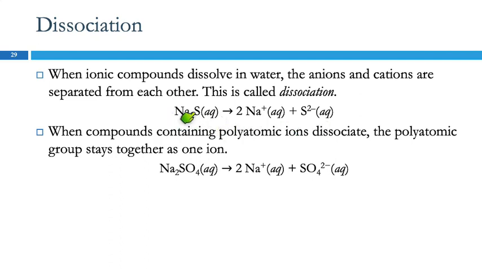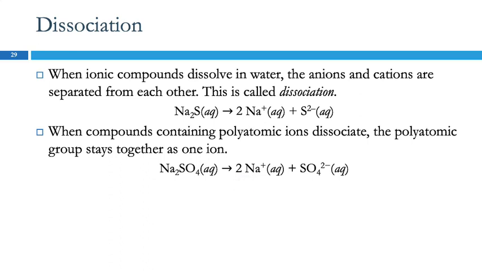This formula had 2 sodiums, Na2, so there are 2 sodium ions, and there's 1 sulfide ion, and we write all the ions separately. If you have a compound with a polyatomic anion, like sulfate, that sulfate stays together. The sulfate ion is going to float around as this fancy ion, and the sodiums are going to be just their own little sodium selves.